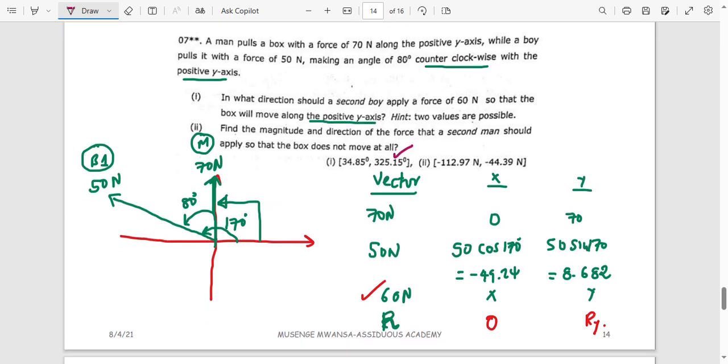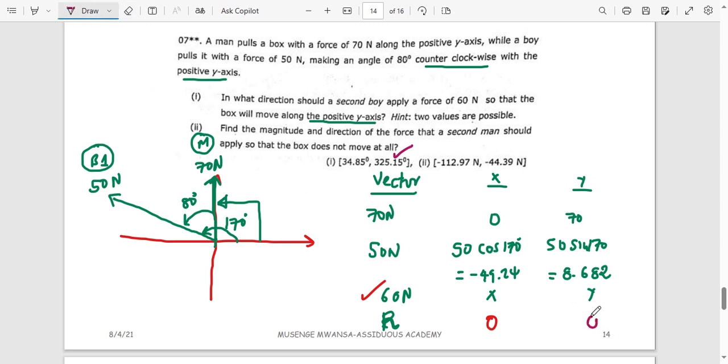The next part of the question is saying find the magnitude and direction of the force that a second man should apply so that the box does not move at all. So what should be the direction and the force the second man should apply so that the box does not move at all? The meaning of that is that the resultant is now totally zero. So even the Ry here should be zero.